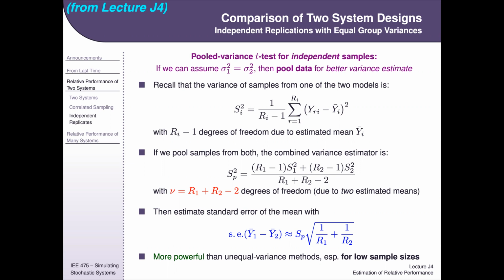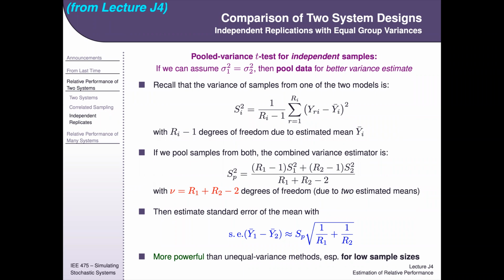You're getting rid of this term from the individual calculations in both cases, and then dividing by a new denominator, which includes all the replications from model 1 plus all the replications from model 2, but then you subtract 2 degrees of freedom because you lost a degree of freedom for both models: one model used its mean to calculate this, the other model used its mean to calculate this. So it looks very similar to our normal variance equation, but the degrees of freedom are a little bit different.